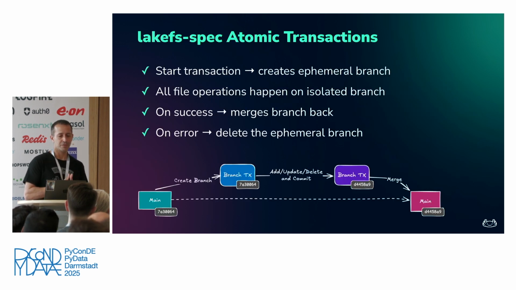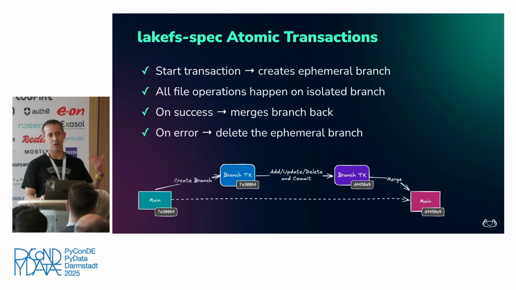So, how does lakeFS spec actually pull this off? The answer is quite elegant. lakeFS has native branching capabilities, and it will use them to perform atomic file operations. When a transaction block begins, it creates a temporary branch based on your target branch. Instead of tracking changes, it will include all the file operations on your temporary branch.